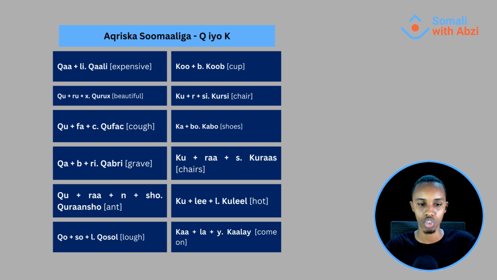Qo plus so plus la, qosol. Ko plus ba, kob. Ku plus ri plus si, kursi. Ka plus bo, kabo. Ku plus ra plus sa, kuras.